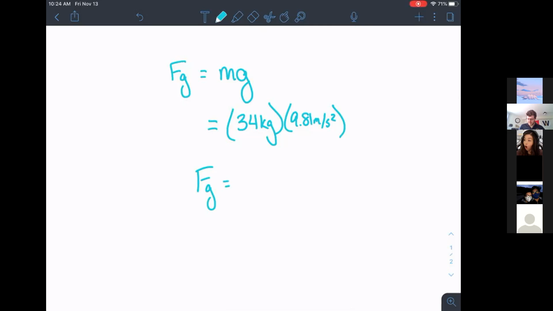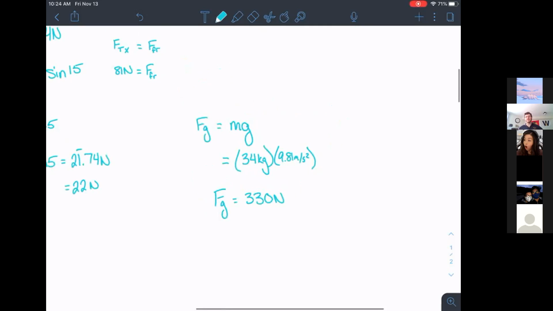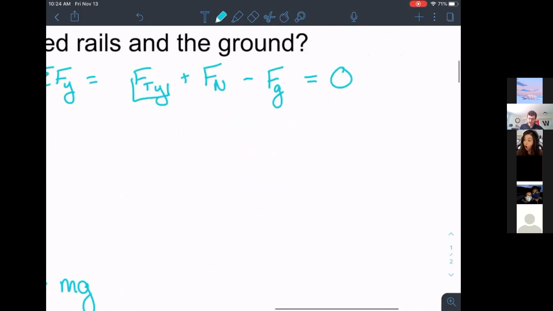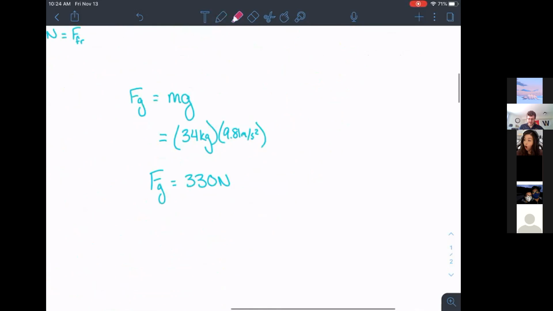$330. 330, perfect. All right, and so I got rid of that negative part because the negative is telling us the direction and we already have our negative up here, which means we don't have to include the negative down here.